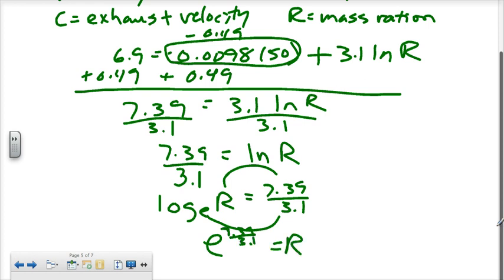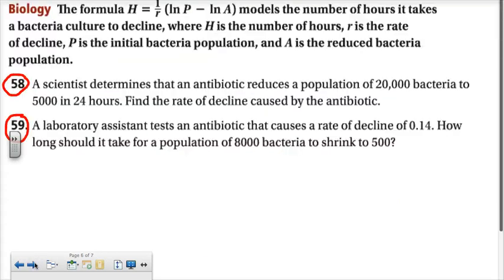And then you take a second and you punch that little monster into the calculator, and that gives you an r value of 10.85 for that mass ratio. So using the same formula throughout many problems here, but just using it differently, finding a different variable.